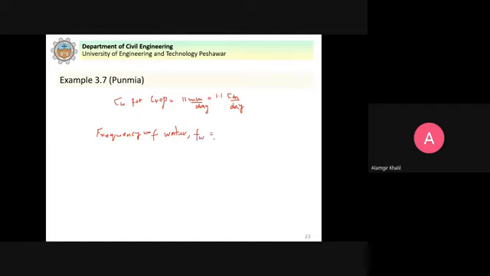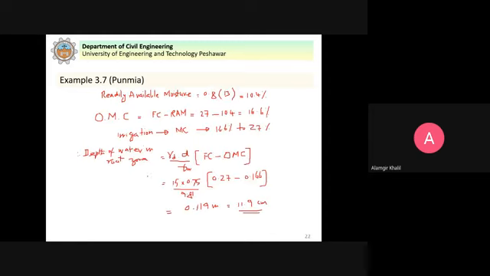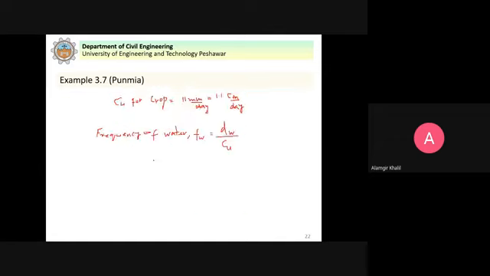So this is equal to dW divided by CU. What is dW?